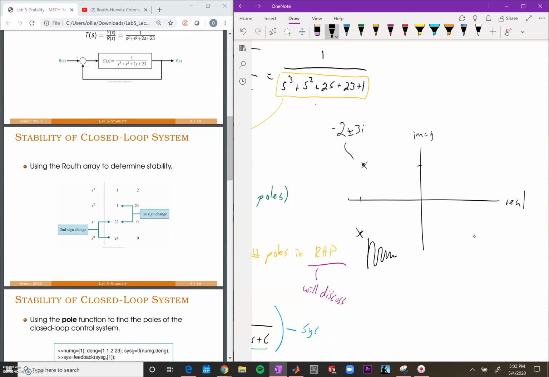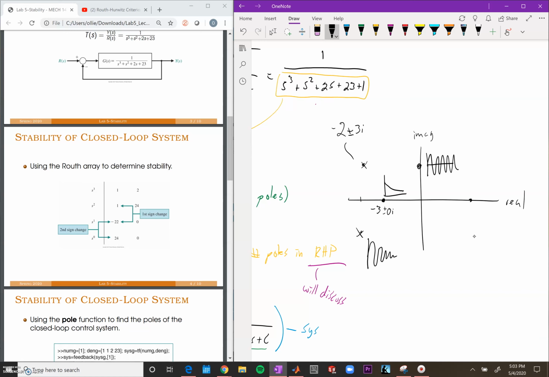If your pole is at say -3 plus or minus 0i, it's going to exponentially decay. If we're on the imaginary axis, it's going to look like this, so there's no damping whatsoever. It's just going to oscillate forever.